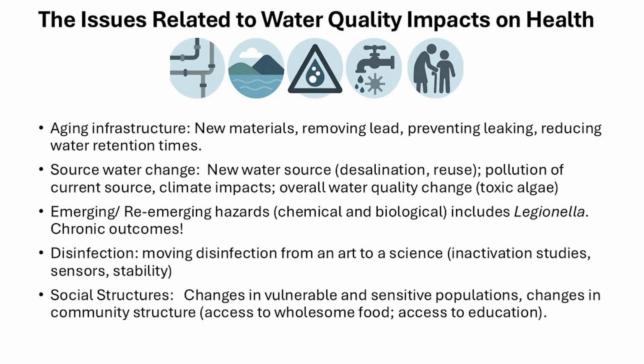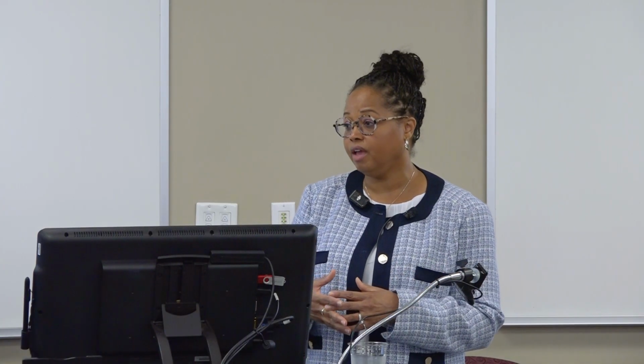So what are the issues that we need to address? These two are not very new. Aging infrastructure. So repairs introduce lots of new materials within a system that is established and has been for a while, but this is needed, we can't repair the whole system all at once, so maybe it's obvious why that's needed.